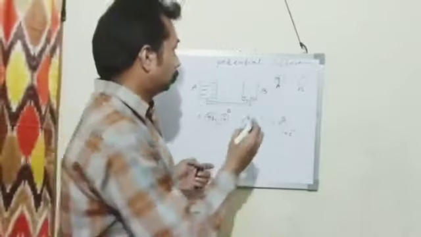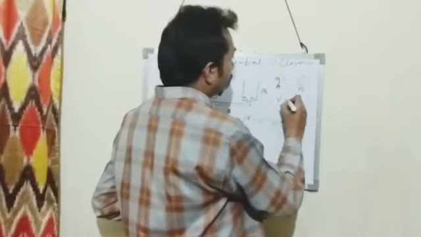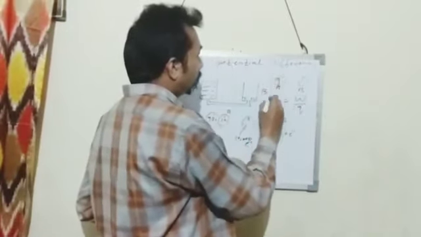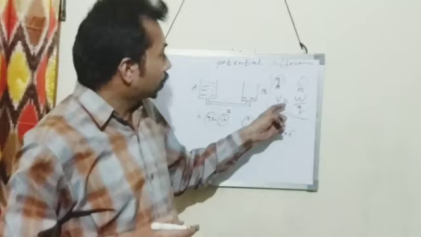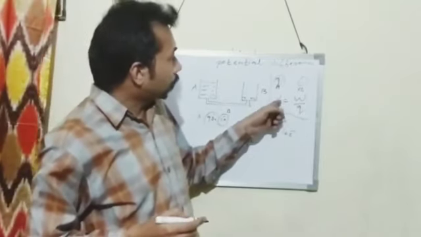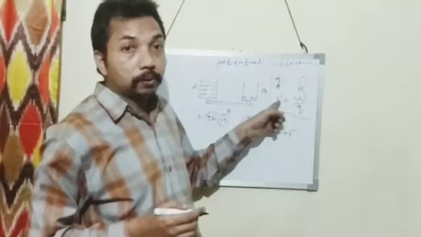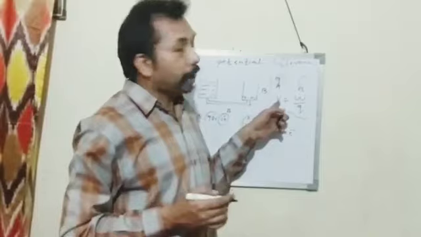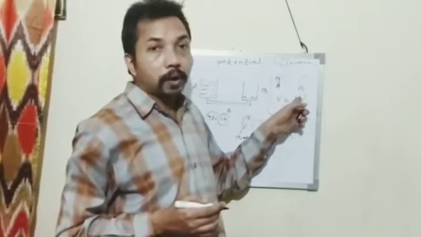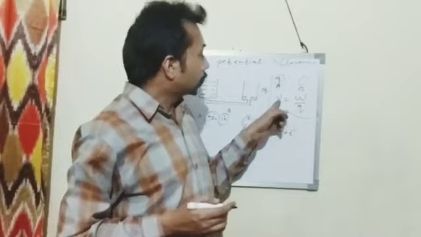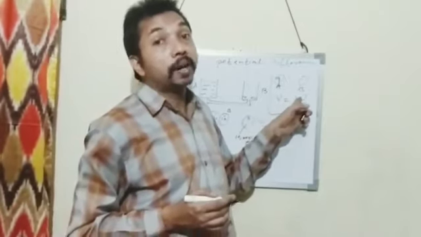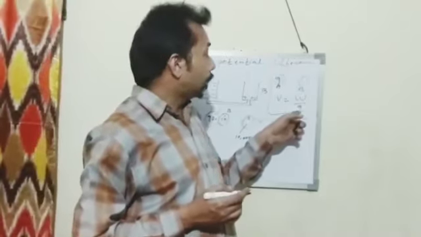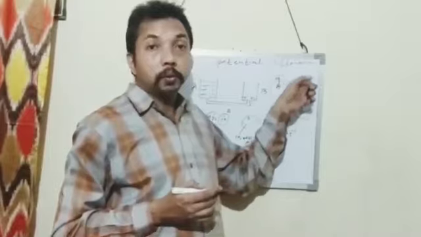Some work should be done. So the work done in moving a charge is called electric potential. Electric potential is represented by the letter V. Electric potential is measured as the amount of work done in moving a unit positive charge from one point to another point.